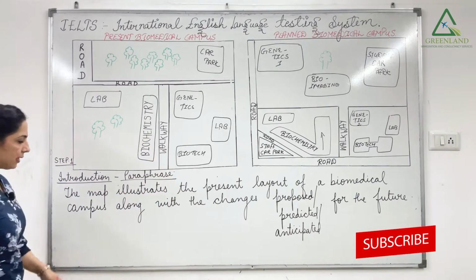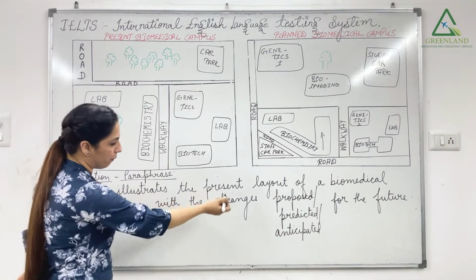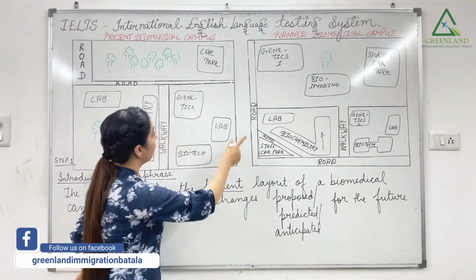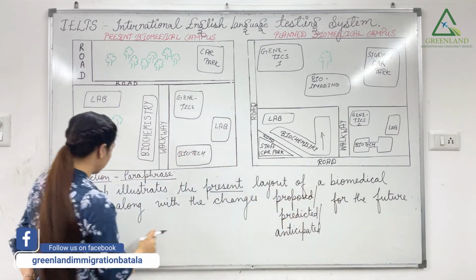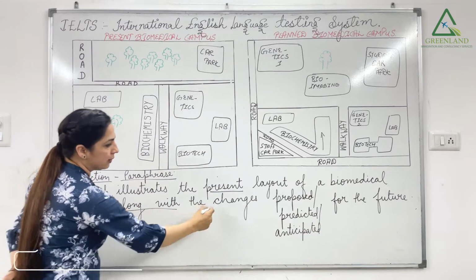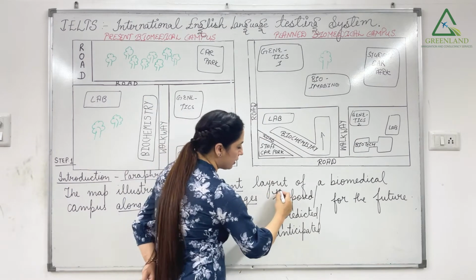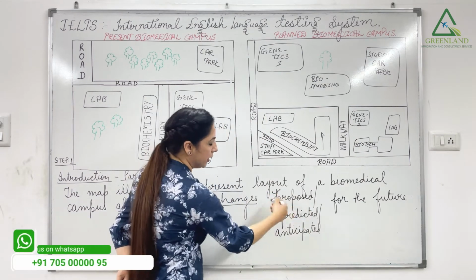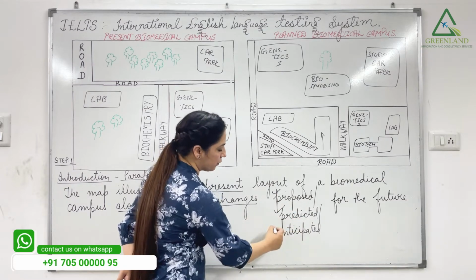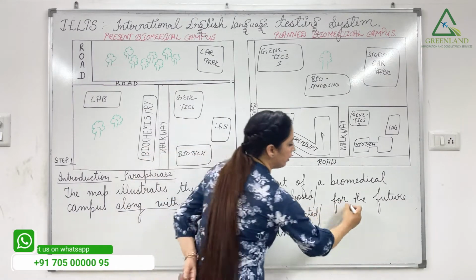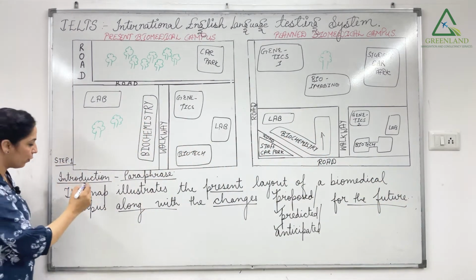So I have written, the map illustrates the present layout of a biomedical campus along with the changes proposed. These are the synonyms which you can use. You can either use the word proposed, changes which are predicted, or changes which are anticipated for the future. So this completes our introduction, that is step 1.